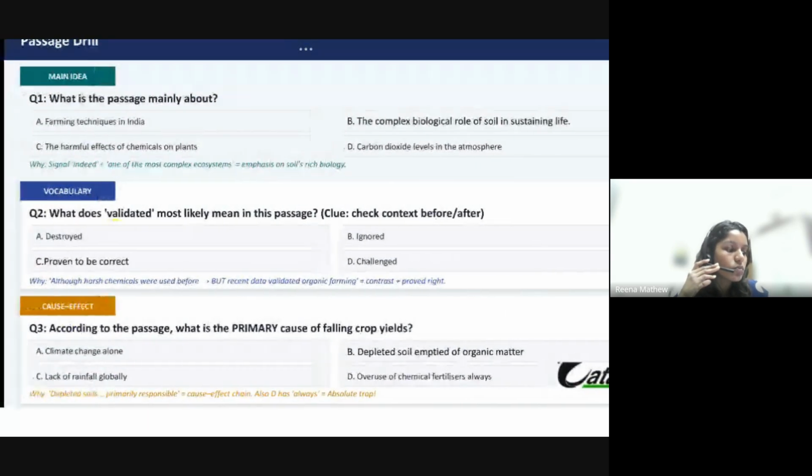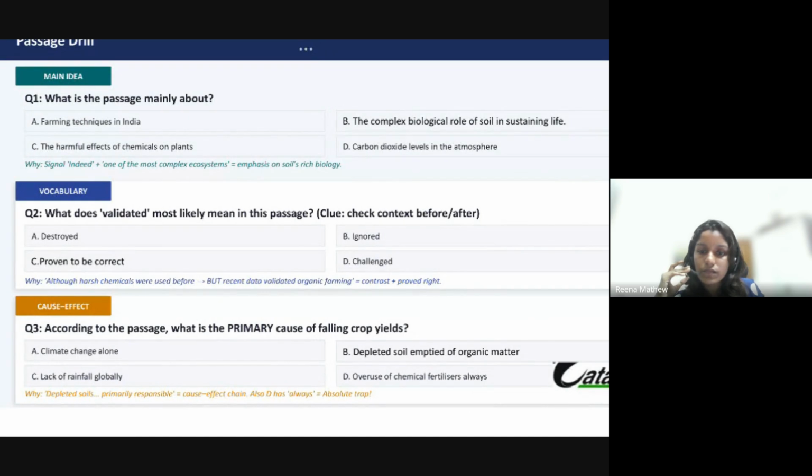So although is a word that is used for contrasting, right? So initially chemicals were used, but वो sentence का उल्टा क्या है? Now organic farming is being proved right, right?